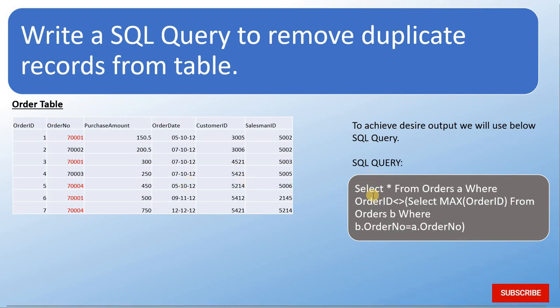So this is the query to select duplicate records from the order table: select asterisk from orders A, where A is the alias of the order table, where order ID not equal to select max order ID from orders B, where B dot order number is equal to A dot order number.